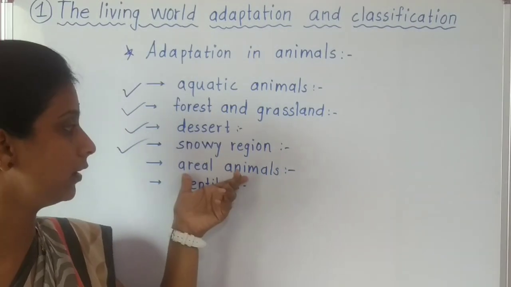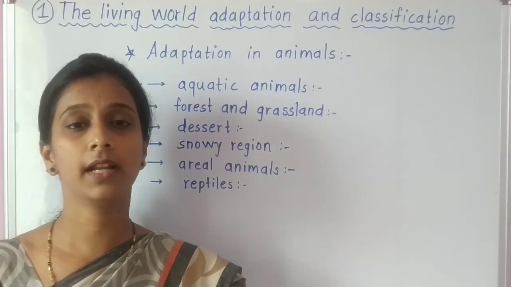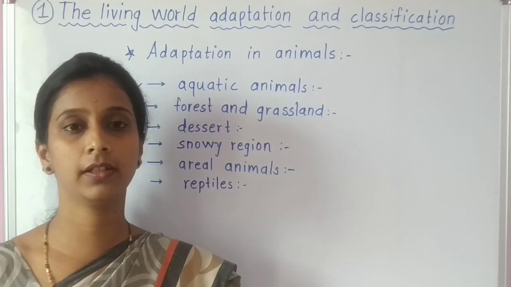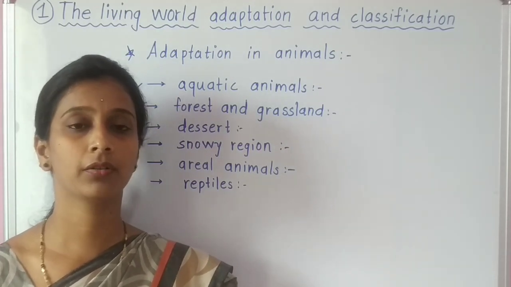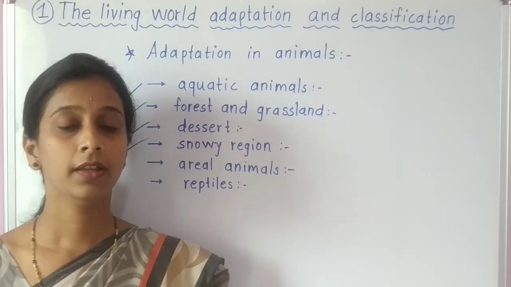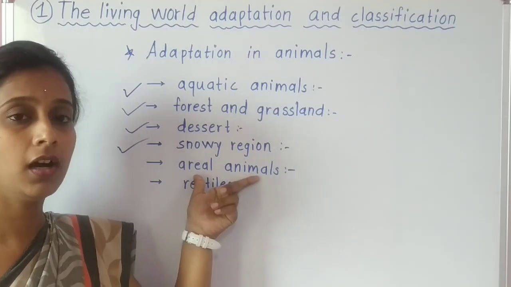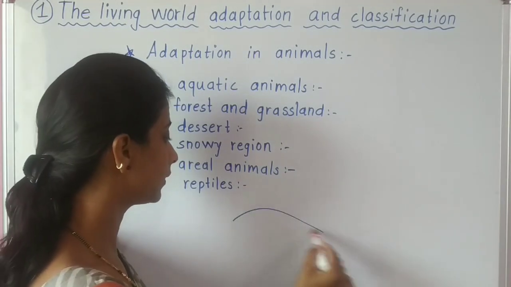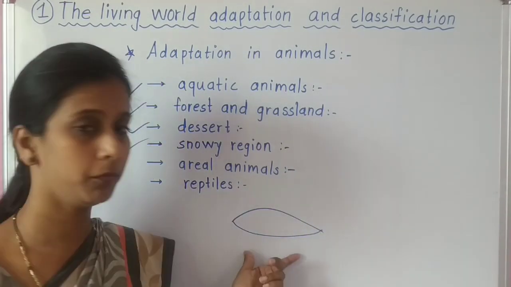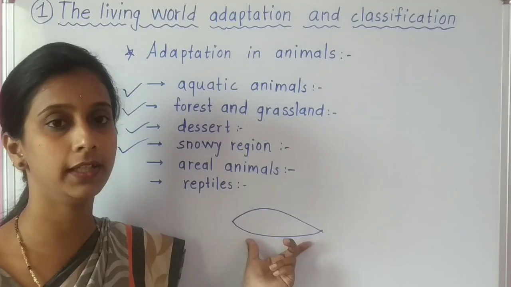Then come to the next, aerial animals. Aerial animals are the animals that can live in the air, meaning all categories of birds, mostly birds. They come under this group. So how they can fly, how they are adapted, we will see. All birds have a spindle-shaped body, tapering at both ends.